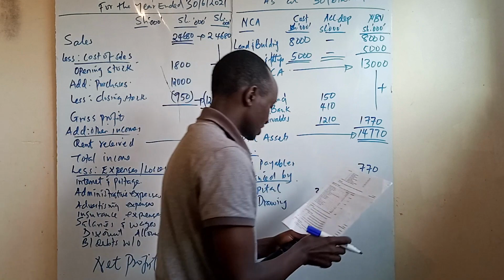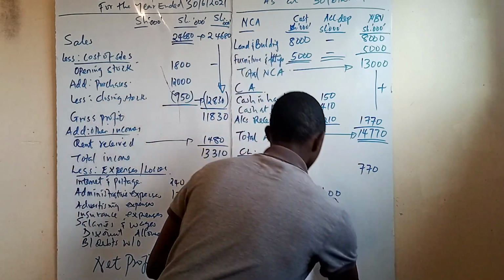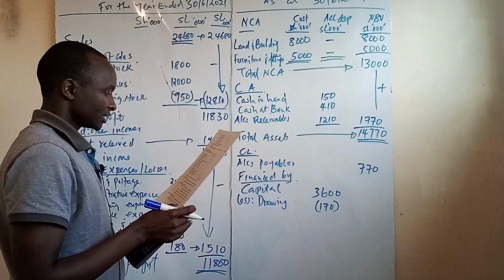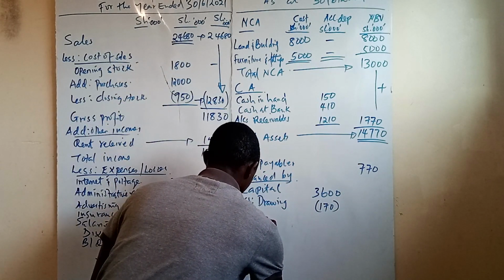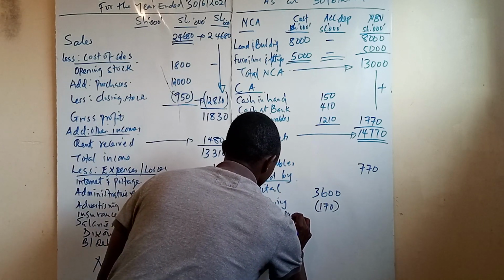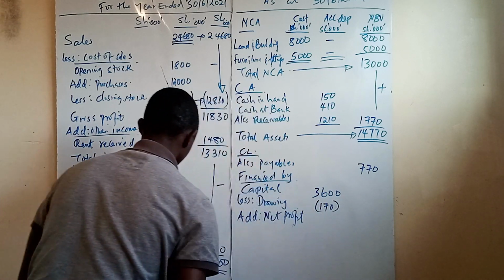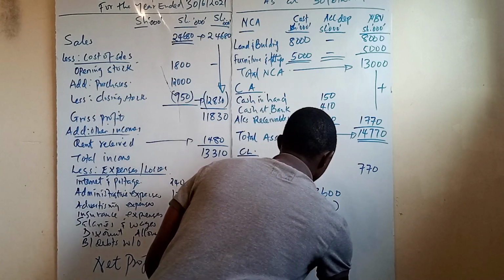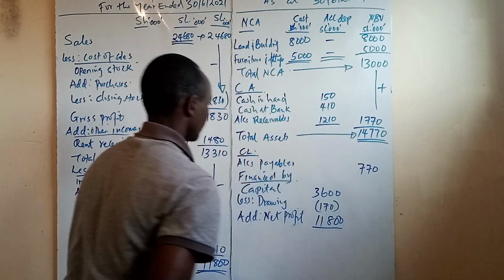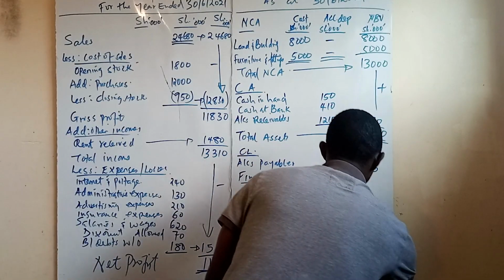So we less drawings of 170. Let's show it in the bracket. Then we add our net profit here. We don't have any other thing of 11,800.